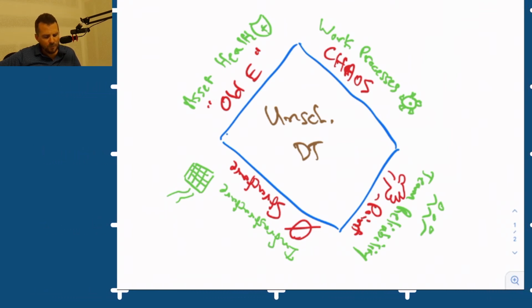So hopefully this is helpful. Hopefully you can understand that by addressing these 4 categories and applying certain tools and techniques to each of these 4 areas, you'll eliminate a lot of unscheduled downtime in your factory.